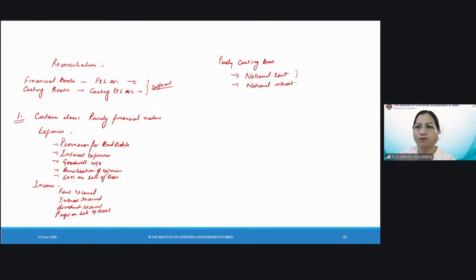So there can be some notional salary for the efforts you have put in the business. So finance does not allow rent on own building or interest on own capital or salary for your own services. Cost books may allow this. So there are certain items which are purely of costing nature also.